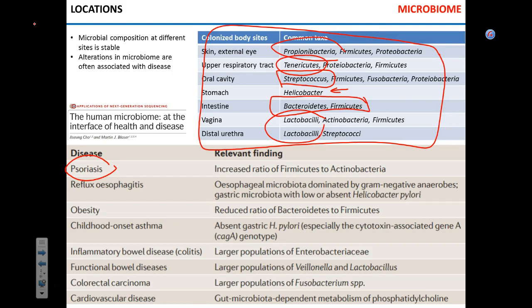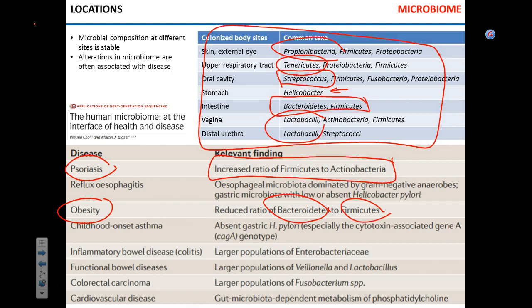Turns out that a different ratio of Firmicutes to Actinobacteria in the skin is associated with psoriasis. I'm not going to pick this table apart, not every example we will review. Obesity, the epidemic that currently runs in the United States, reduced ratio of Bacteroides to Firmicutes.